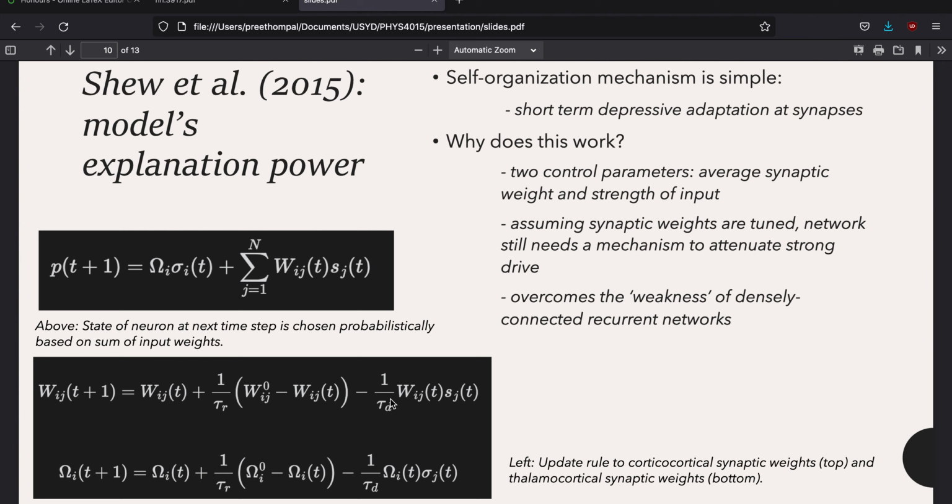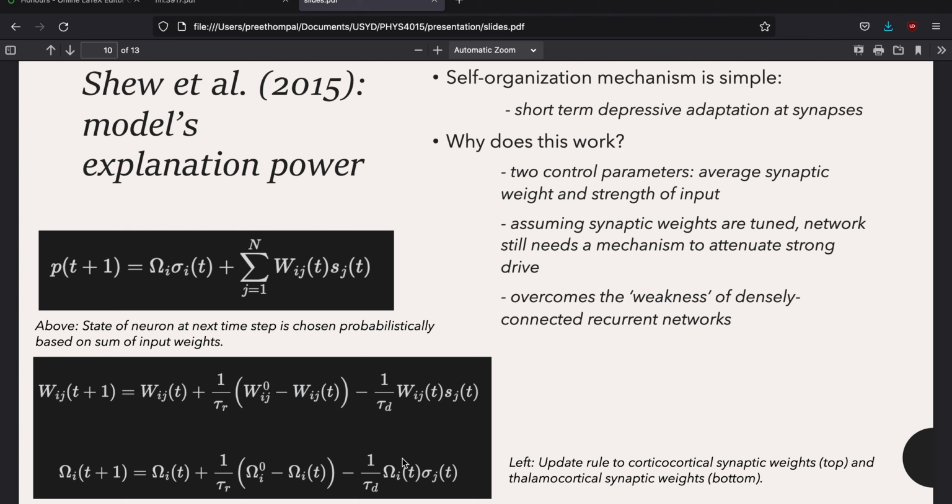And then this is the depression term. And this time scale is fixed at around 20 compared to 200. So we depress a lot faster than we recover. And we depress by the previous weight if neuron J had fired.